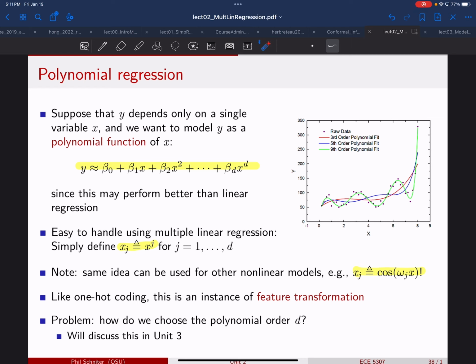So we'll return to this in the next unit because the key question, once you start to do this, is, well, D is now a design variable, right? Where do I stop? Do I do a quadratic model, cubic, quartic? Where do I stop? And so here we get back to that question of, is more features better?